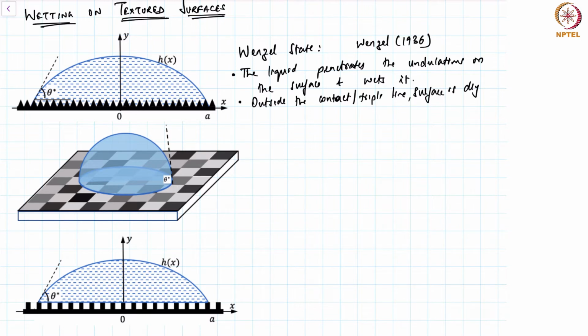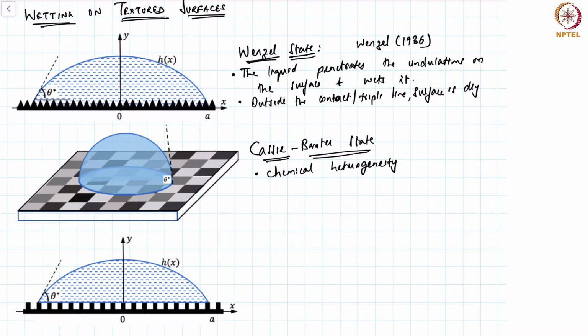Then we have the Cassie-Baxter state. There are two kinds of Cassie-Baxter states that I'm highlighting here. The first one is where there is chemical heterogeneity.